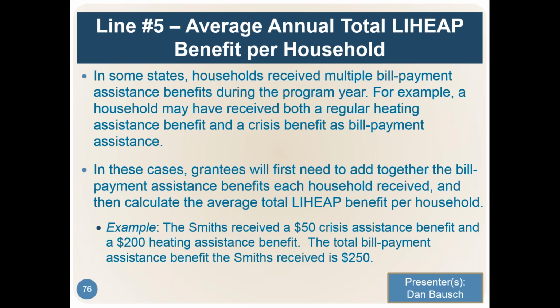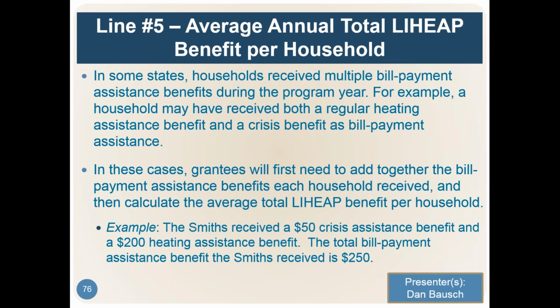In some states, you may provide benefits to households more than once for the same type of assistance or across different types of assistance. And so if a household received a regular heating benefit and a crisis benefit as bill payment assistance, when you calculate these averages, you want to make sure that you add up the value of both the heating assistance and the crisis benefit together and assign that value as the total amount a household got.